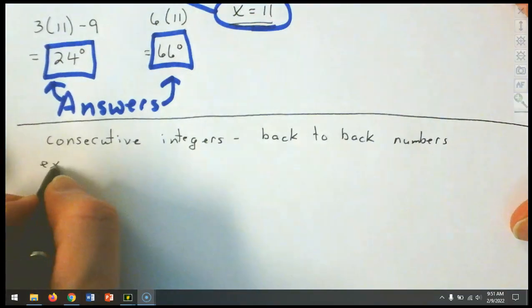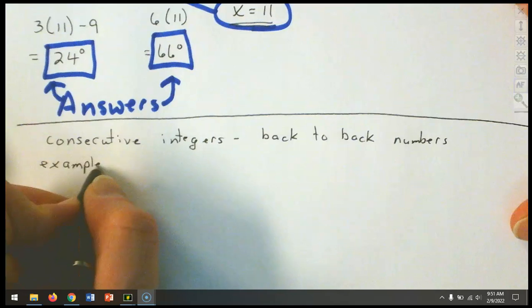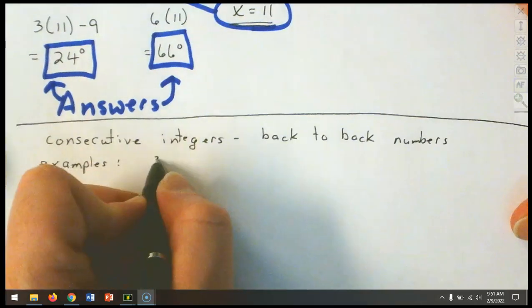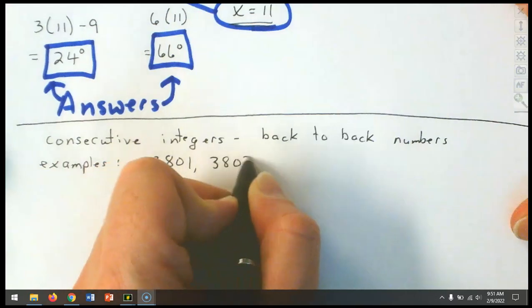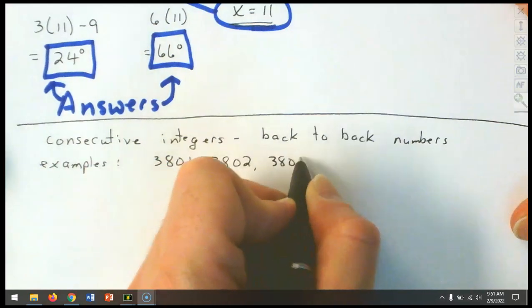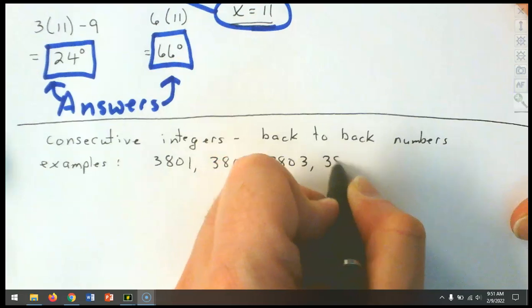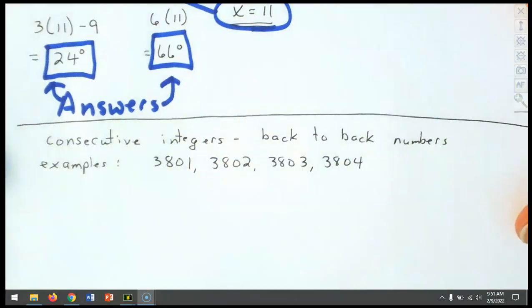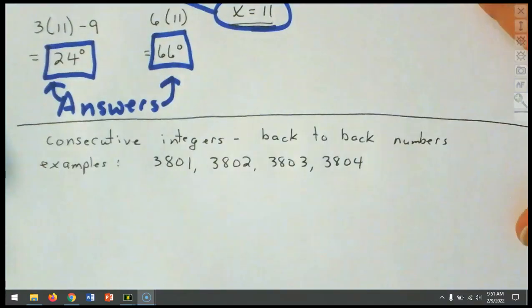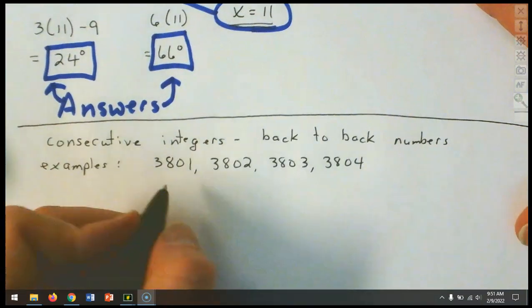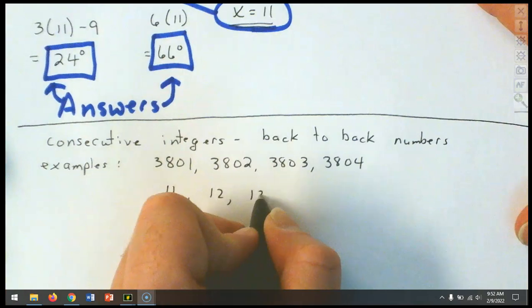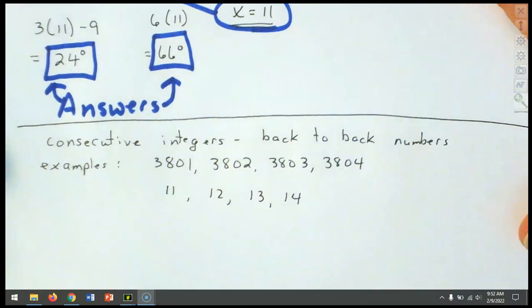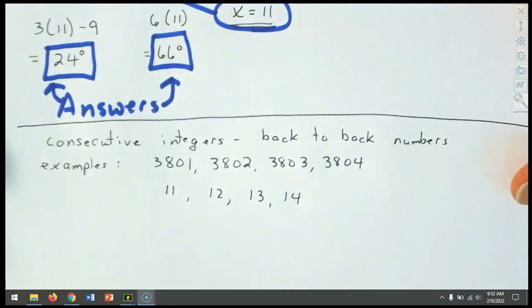Here's some examples: 3801, 3802, 3803, 3804. Those are examples of consecutive integers. Another one, how about 11, 12, 13, and 14? Those are also consecutive integers.